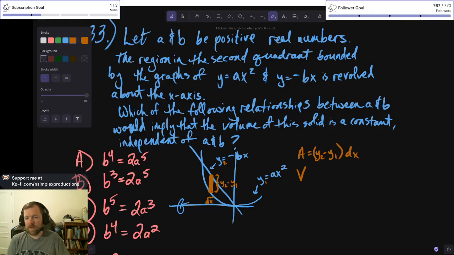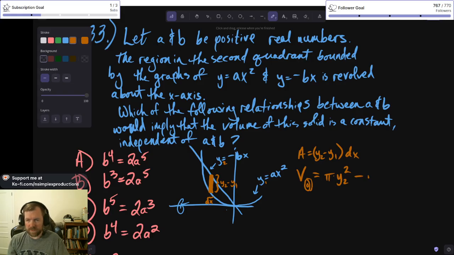However, the volume of what's going to eventually end up being a washer, totally a washer, is going to be the volume of the cylinder that we have, which is pi times r squared, where r is y2, so pi times y2 squared.